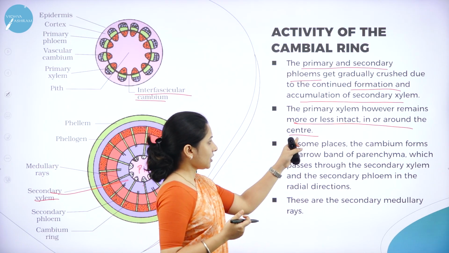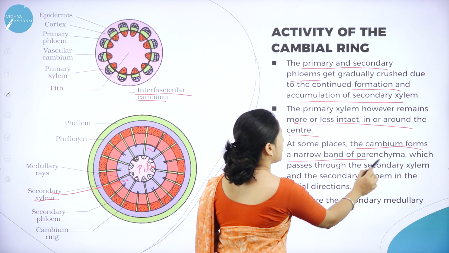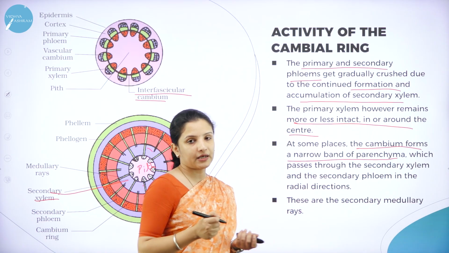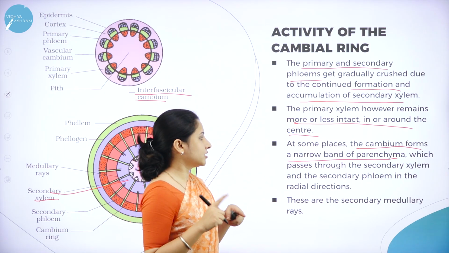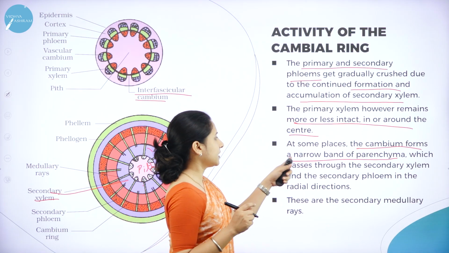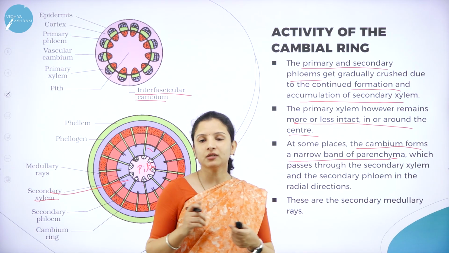At some places, the cambium forms a narrow band of parenchyma which passes through the secondary xylem. Remember, we had studied about the medullary rays and all that, right? So here, at some places the cambium forms a narrow band.